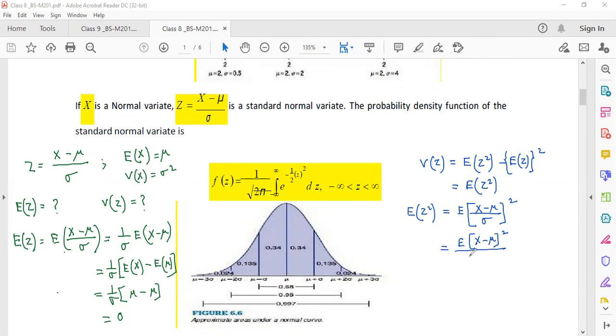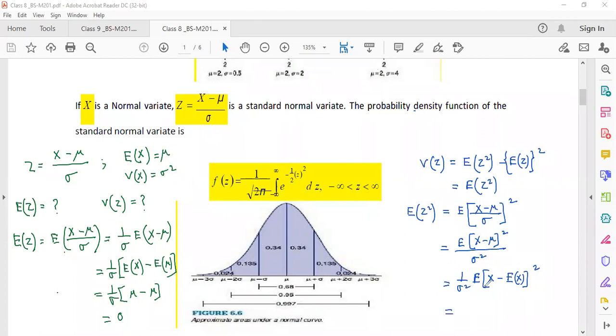and 1 by sigma square is a constant, it will come outside the expectation sign. Now carefully observe that we can write it as E of X minus, mu can be written as E(x), whole square.